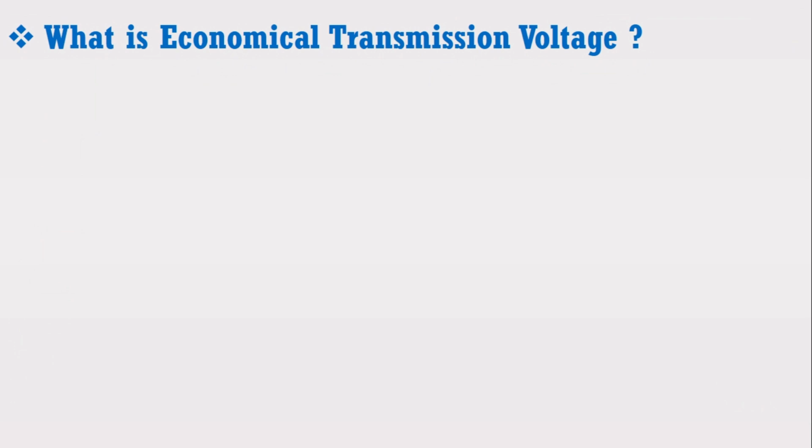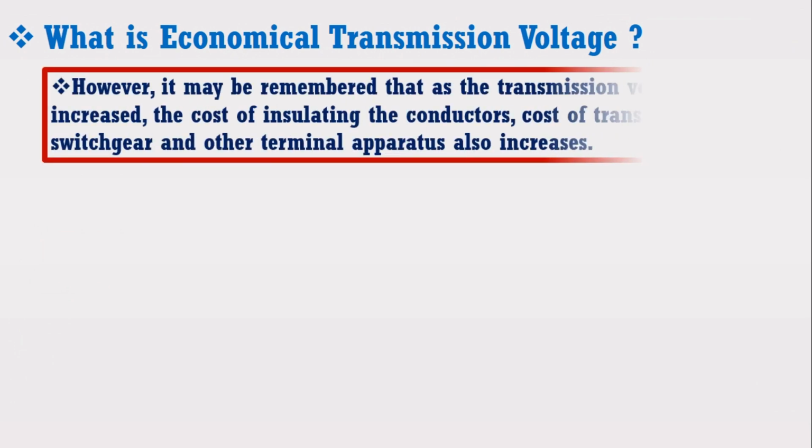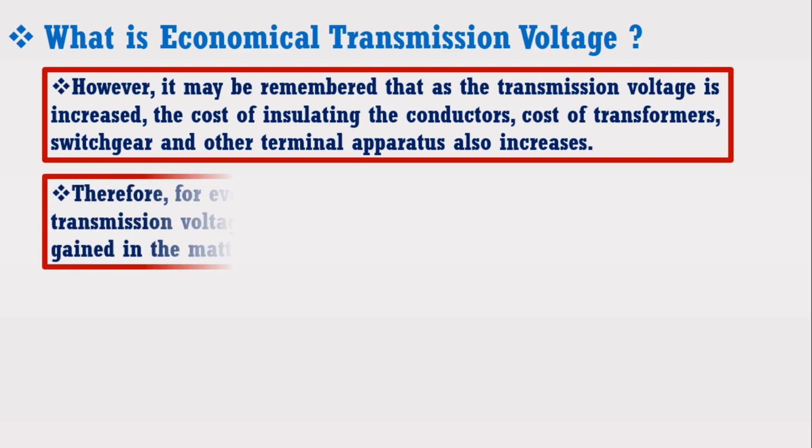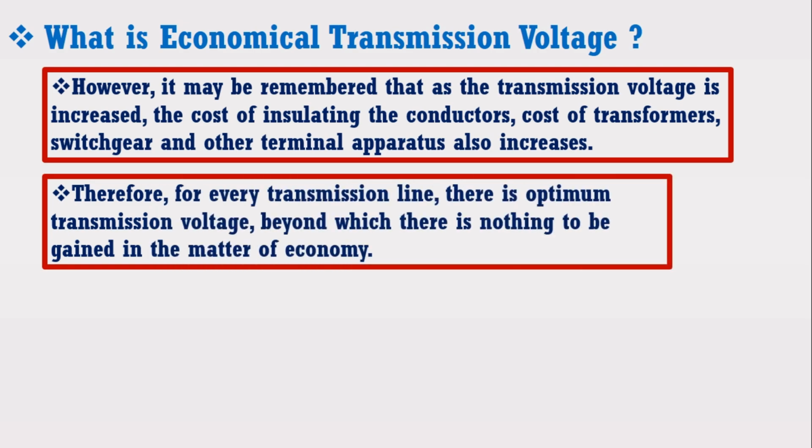However, it may be remembered that as the transmission voltage is increased, the cost of insulating the conductors, cost of transformers, switchgear and other terminal apparatus also increases. Therefore, for every transmission line, there is an optimum or economical transmission voltage beyond which there is nothing to be gained in the matter of economy.